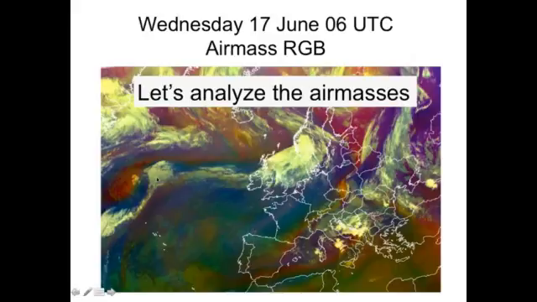Then above it we have a cold air mass over the northern part of the Atlantic, roughly between Greenland and Iceland and the northernmost part of the British Isles.